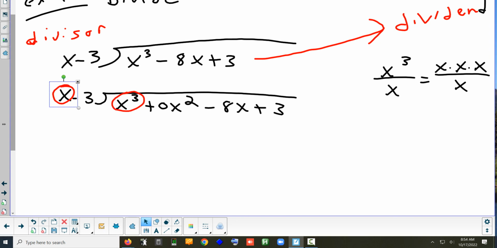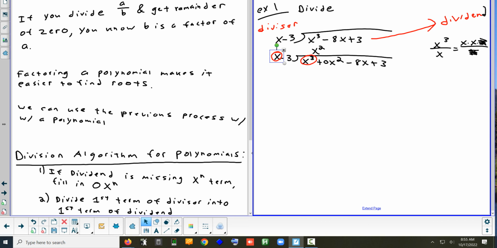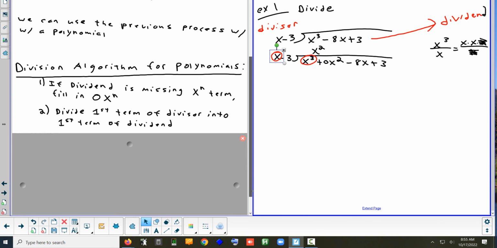And in the bottom you have an x. And you can cancel out anything that's in common with the top and the bottom. So as Manny said, it leaves you with x to the second. And we're going to put that up top. Doesn't matter where you put it up top. Put it anywhere you want. Just put it up above somewhere. Right. And that's the second step.